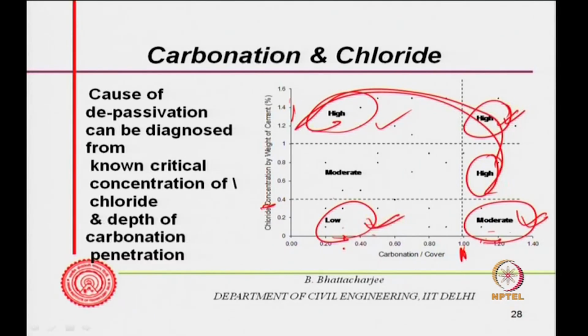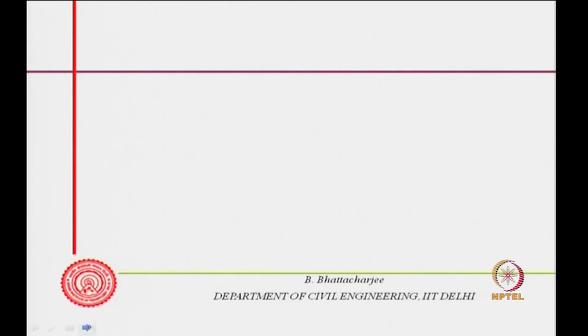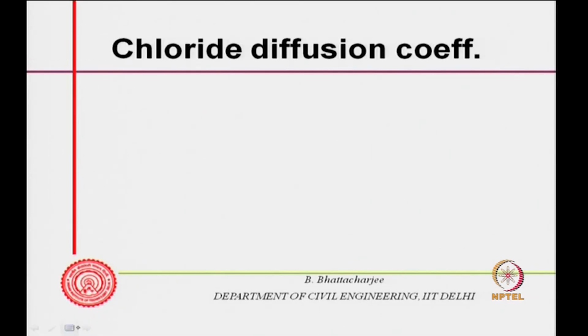Otherwise, if carbonation has crossed the cover depth but chloride is low, the risk is moderate. This zone is moderate, where carbonation is less, but chloride has reached its threshold. These are some guidelines available, which can be used for in situ concrete.